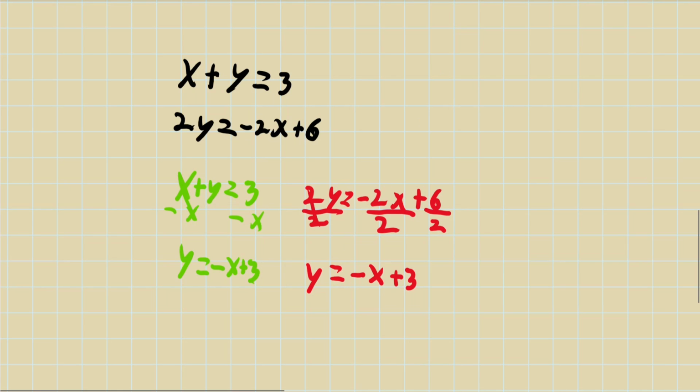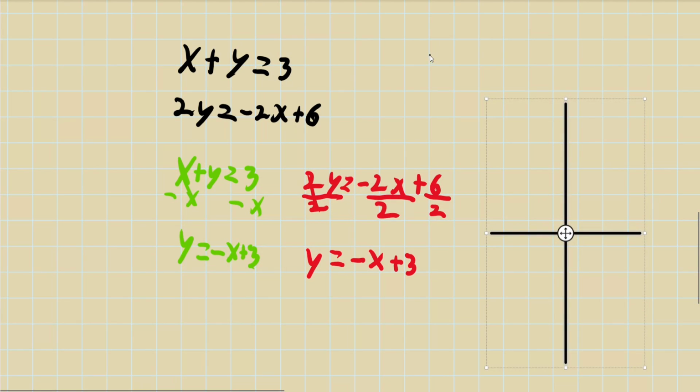So if we were to graph this, the lines would end up on top of each other. The green line would be like this, and if there was a red line, it would be on top of each other.